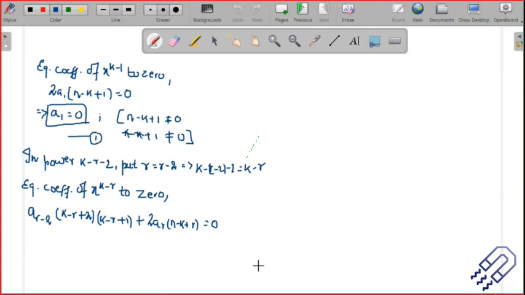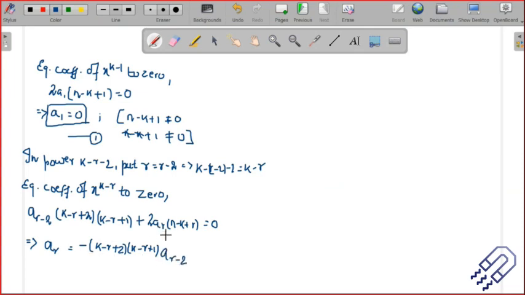So this is equal to 0, and that means I can simply have a relation between ar and ar minus 2. So let's see, we can write down ar as, this can be taken on this side, so this will be minus k minus r plus 2, and then k minus r plus 1 into ar minus 2.